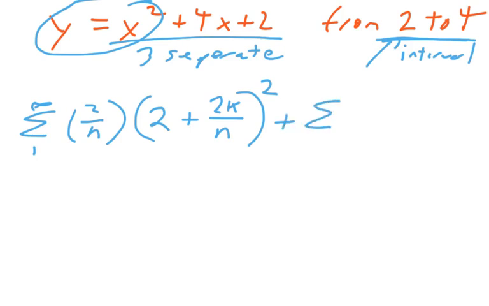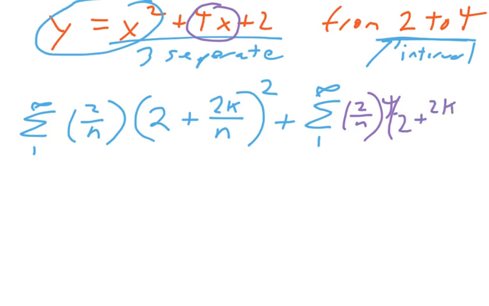Now I'm going to do the summation from 1 to infinity. Well, we still have 2 over n. And we're going to use 4 times, so I put a little 4 on the outside, 2 plus 2k over n.